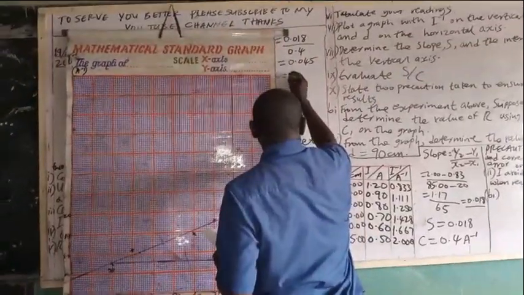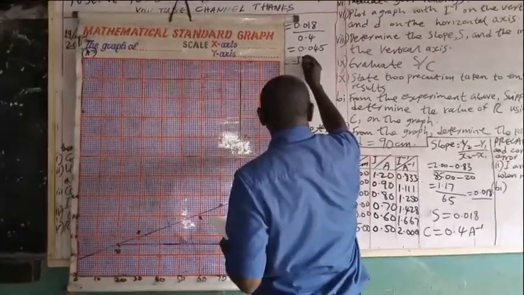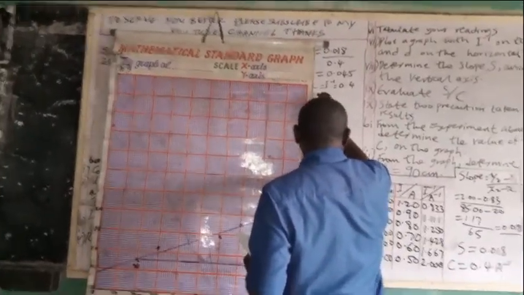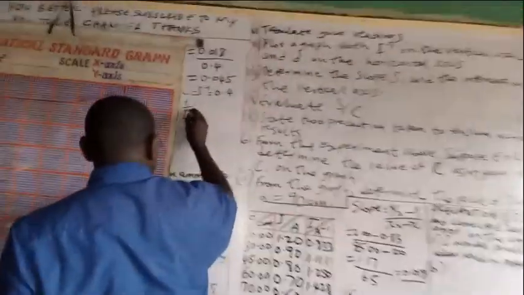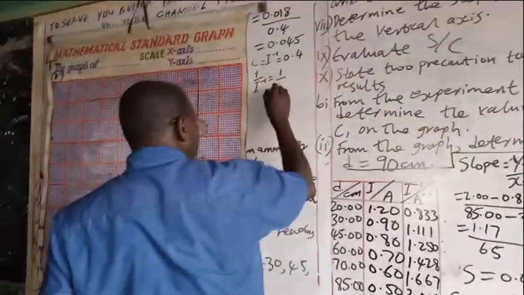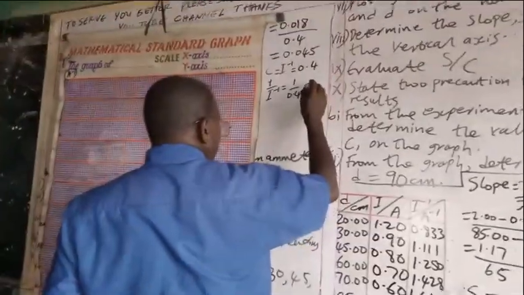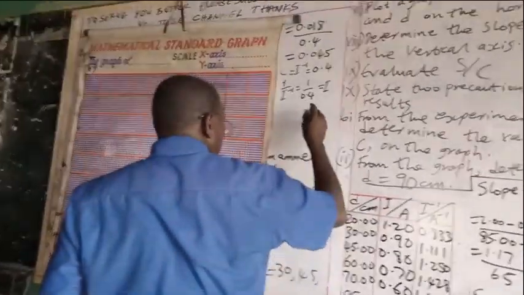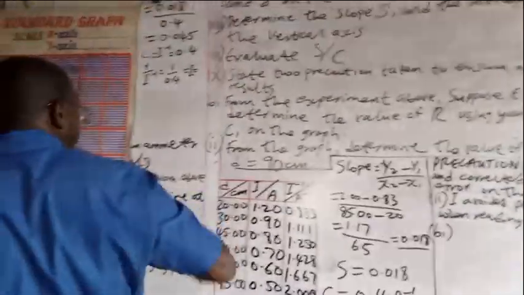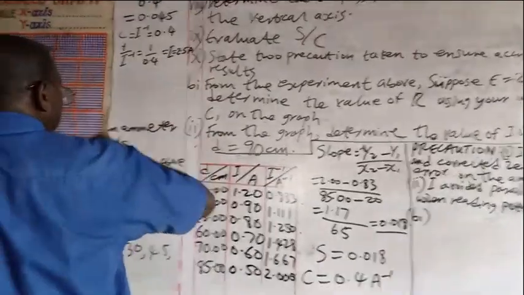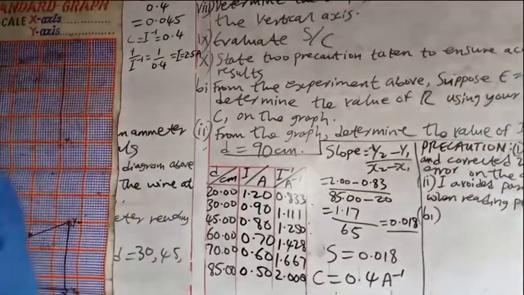C is equal to I inverse is equal to 0.4. 1 over I inverse is 1 over 0.4, which is equal to 10 over 4. That is 2.5 ampere.